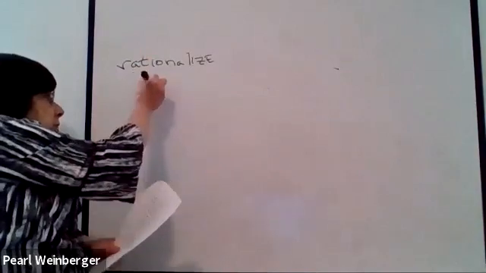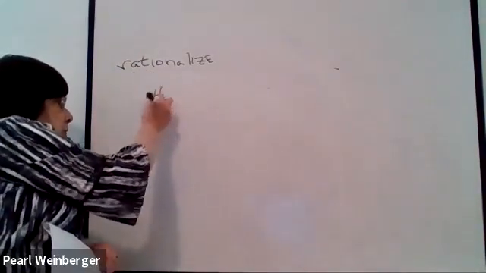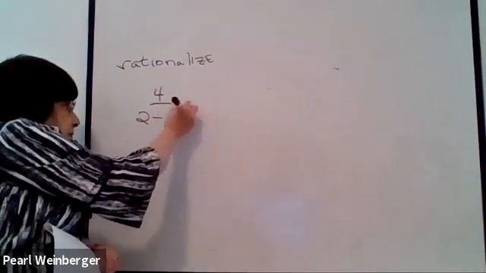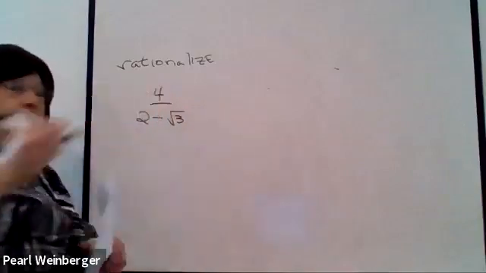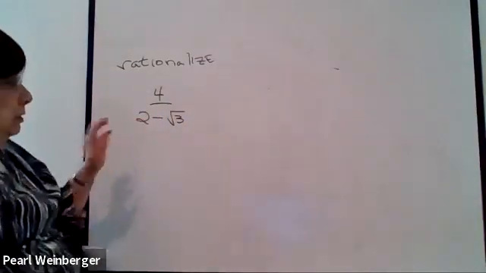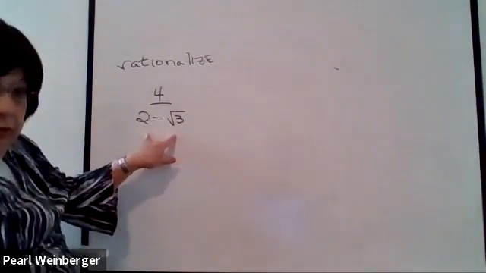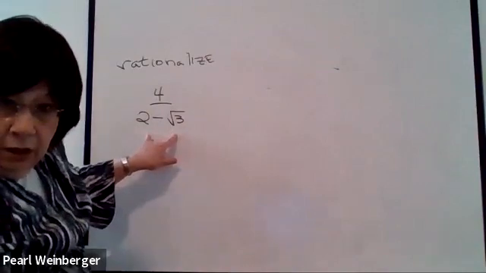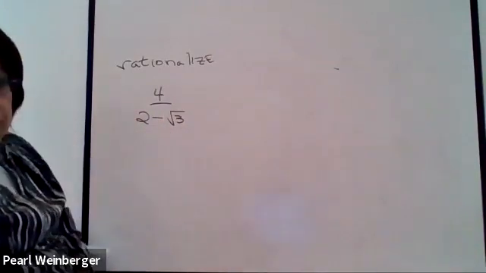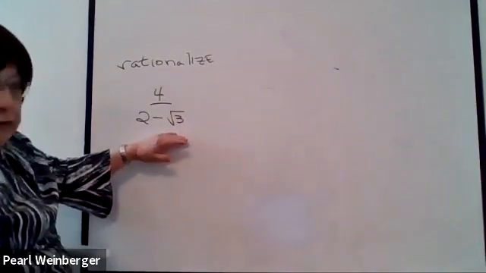Suppose I have 4 over 2 minus radical 3. And if you notice, in my denominator I have a binomial, and my binomial has a radical. And I somehow want to get rid of this radical.